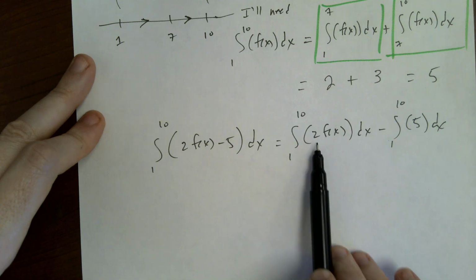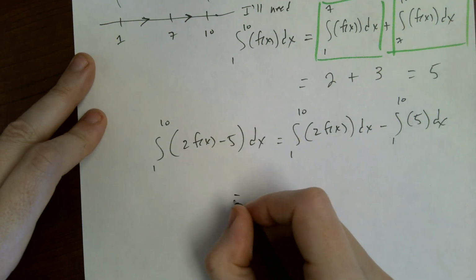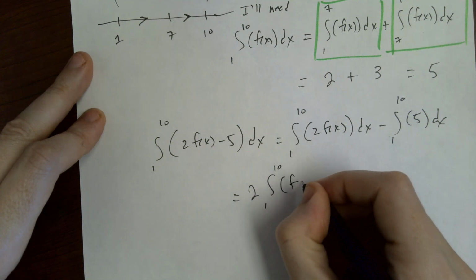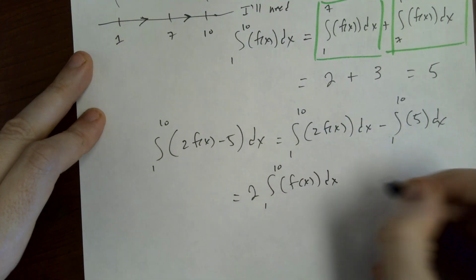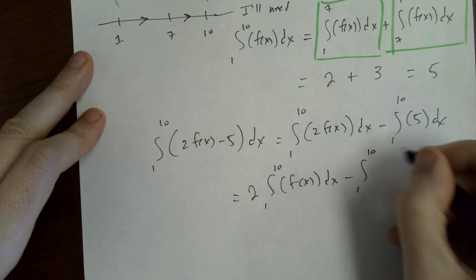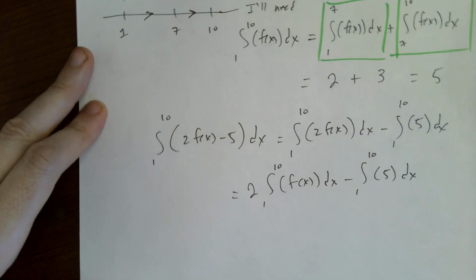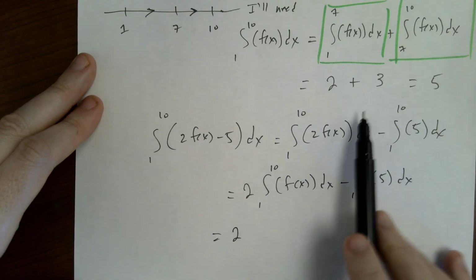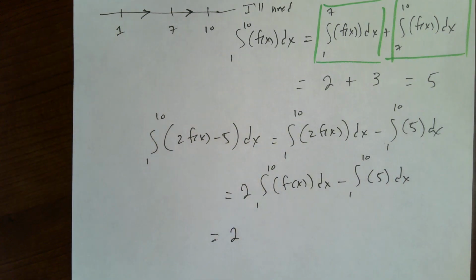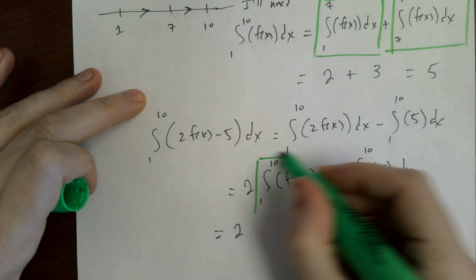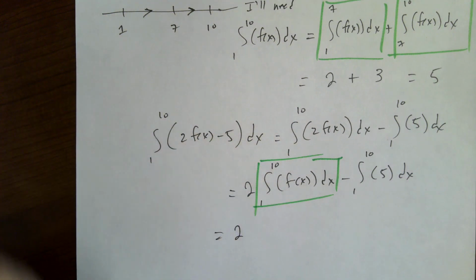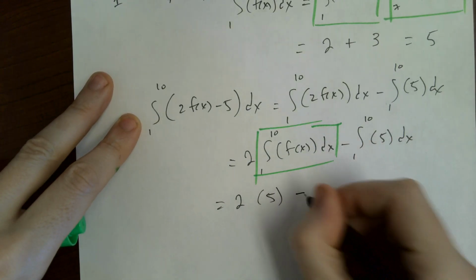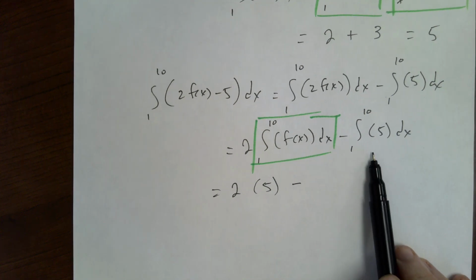And then furthermore, I could take this 2 out front. So this is 2 times the integral minus, okay. Now, the integral from 1 to 10, we already figured out that that was 5. Okay, so this entire thing here is 5. So we've got 2 times 5 minus, now this here.